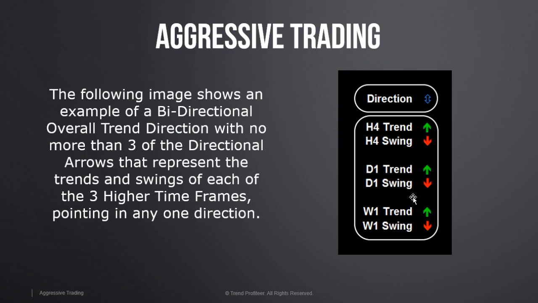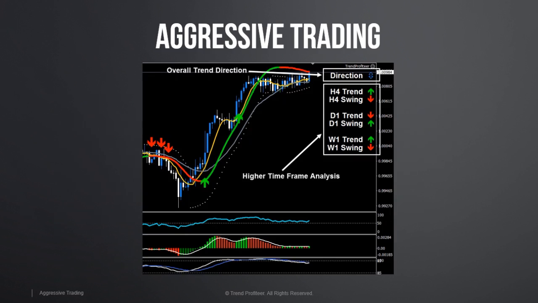Now it doesn't matter which ones are pointing up and which ones are pointing down at all, and you can see lots of different combinations of this that make up an aggressive trade setup. But as long as there are only 3 arrows of the higher time frames pointing in any one direction, you're going to get a bidirectional double blue arrow here.